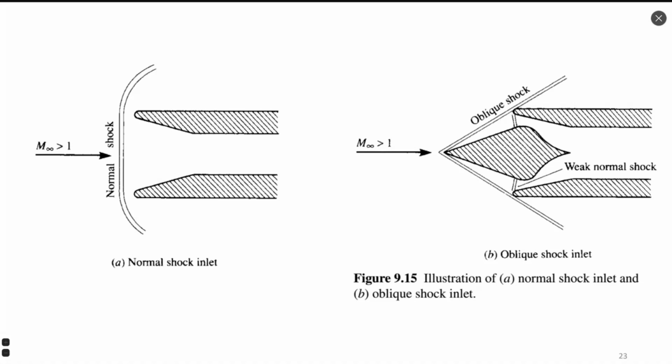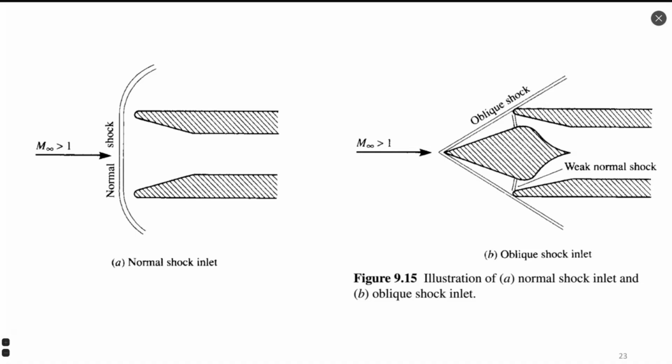Okay, that's the case which I already explained to you. This is how it looks, a diffuser or inlet device which has a normal shock wave, just a simple tube, right? And case B with an oblique shock wave.